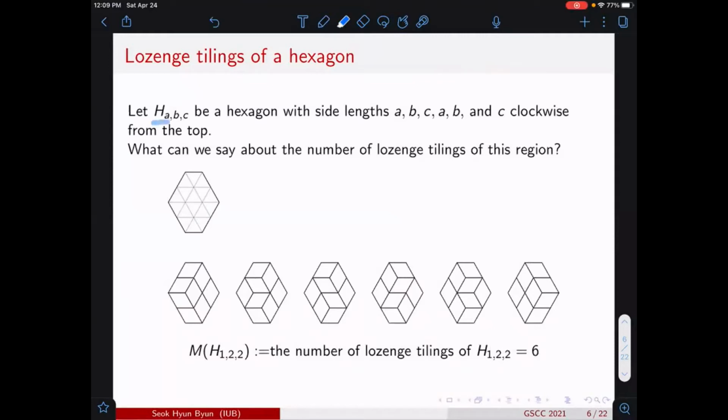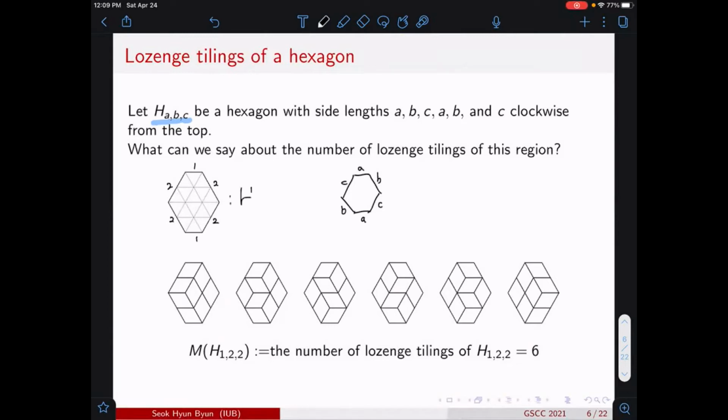Let H sub A, B, C be the hexagon of side lengths A, B, and C clockwise from the top. What I mean is this is A, B, C, and then A, B, C. In the example on the slide, the side lengths are 1, 2, 2, 1, 2, 2.